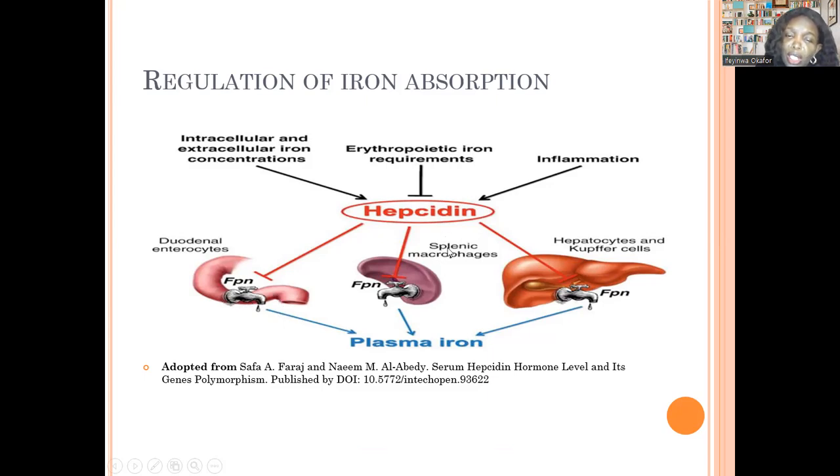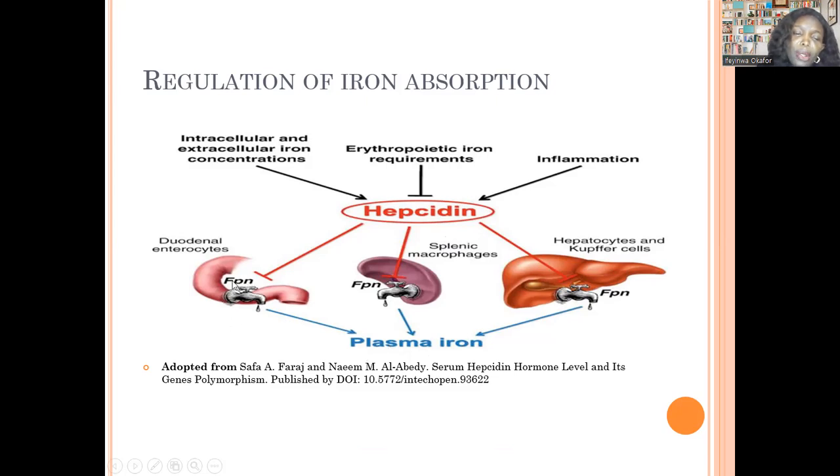It also goes to the splenic macrophages and blocks the ferritin and hemosiderin stored there, blocking the channel through which this ferritin releases iron into the system. It also stops the ferritin stored in the hepatocytes from releasing iron into the plasma.